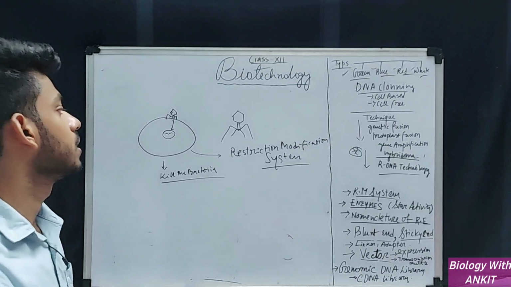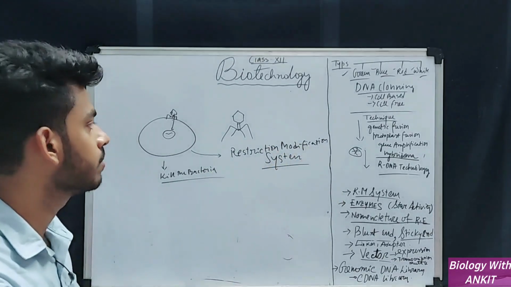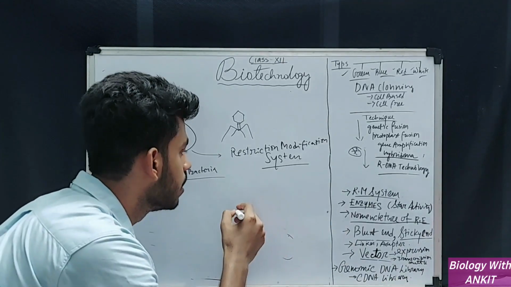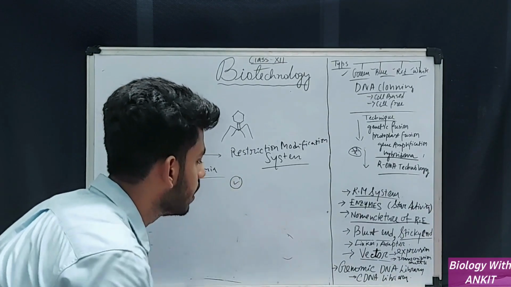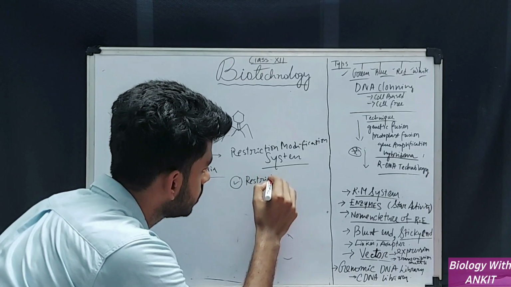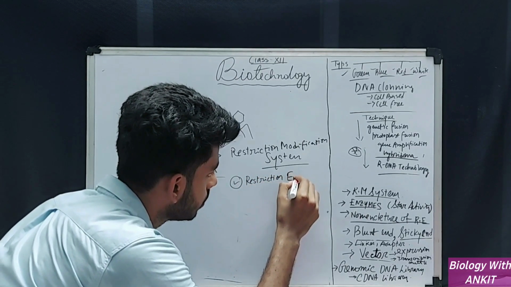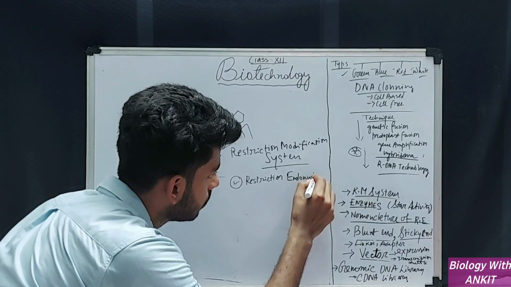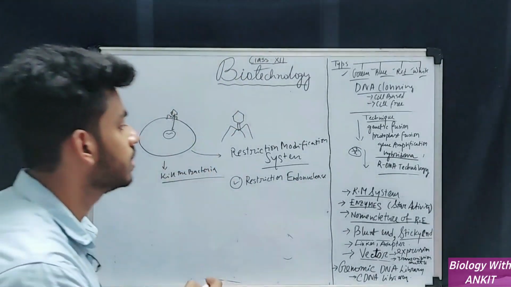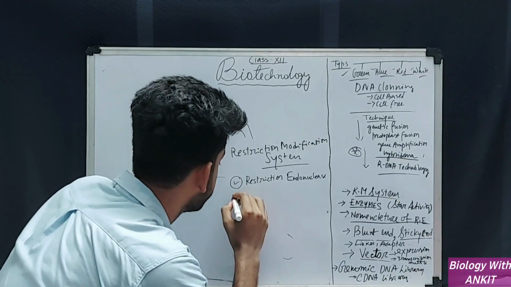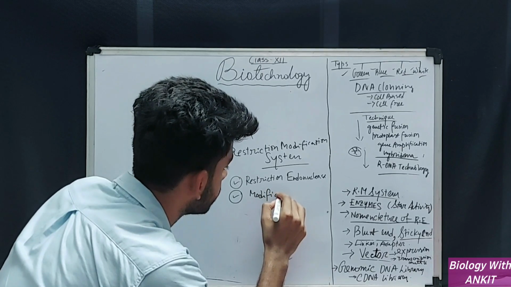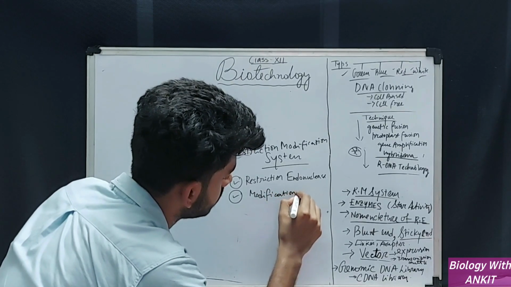so in the restriction modification system, the bacteria carries two sets of enzymes. One is the restriction endonuclease, and another is called the modification enzyme.